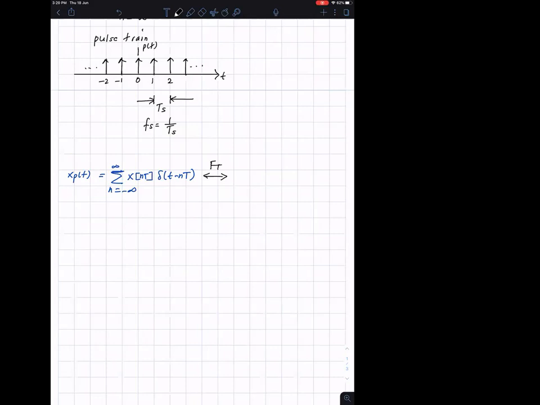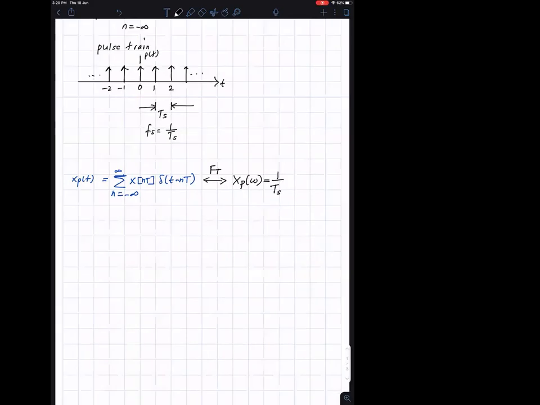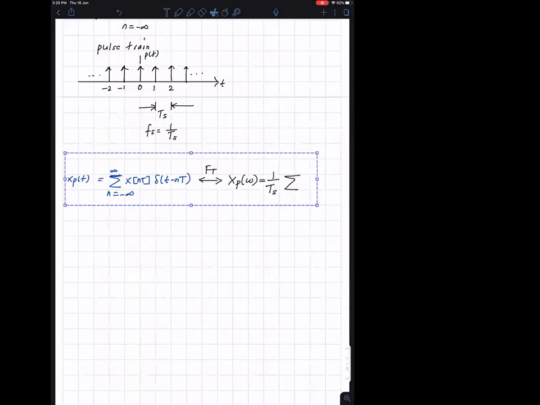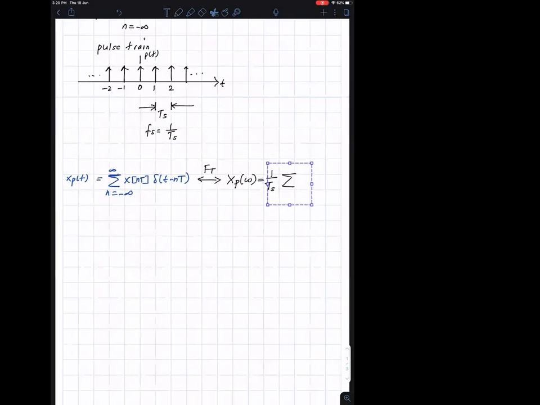The Fourier transform of xp(t), you call this Xp(omega), is equal to 1 over the sampling time times the summation over k from minus infinity to positive infinity of X(omega minus k omega s).